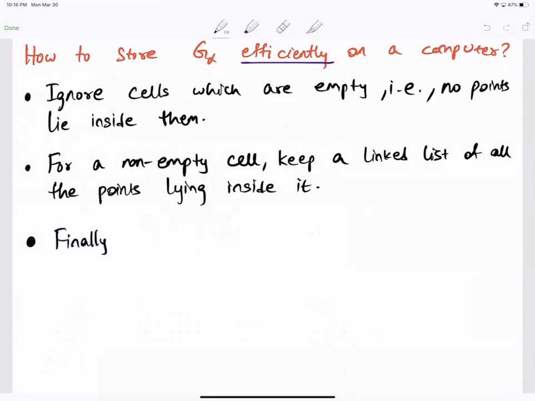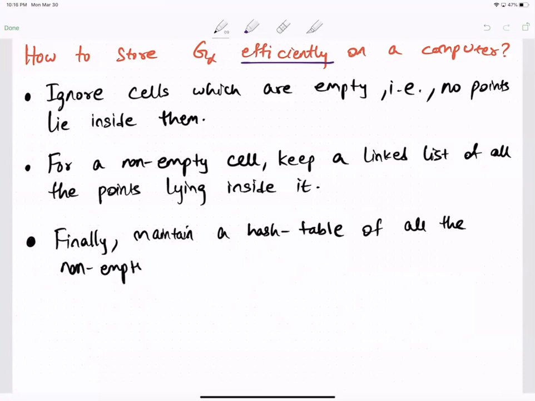Finally, maintain a hash table of all the non-empty cells.